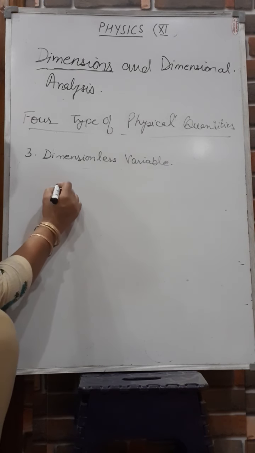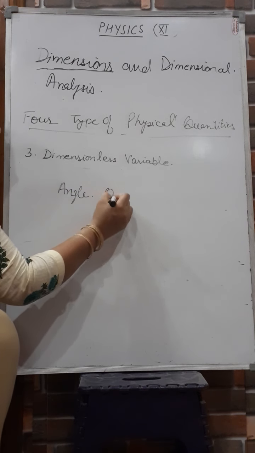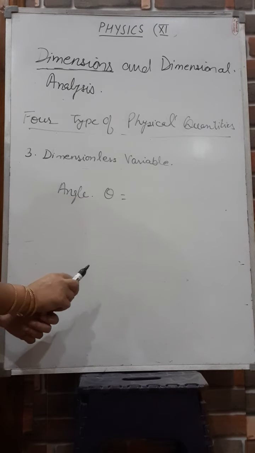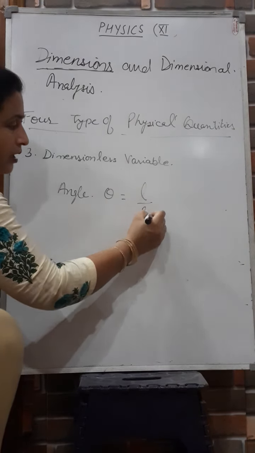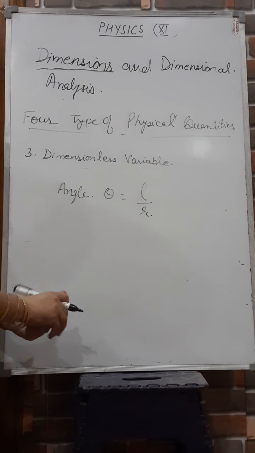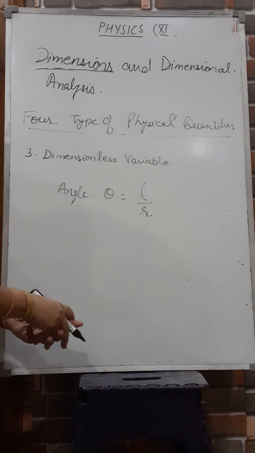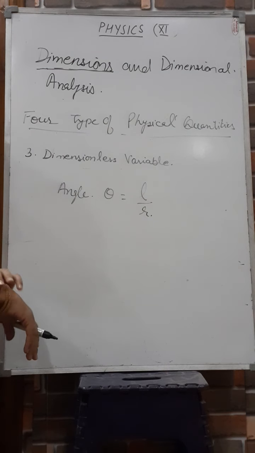For example, angle theta is the ratio of two lengths, L by R. L is length, R radius is also length. So it is dimensionless. But theta can have any value, 30 degree, 60 degree, 40 degree. So it is a dimensionless variable, right?